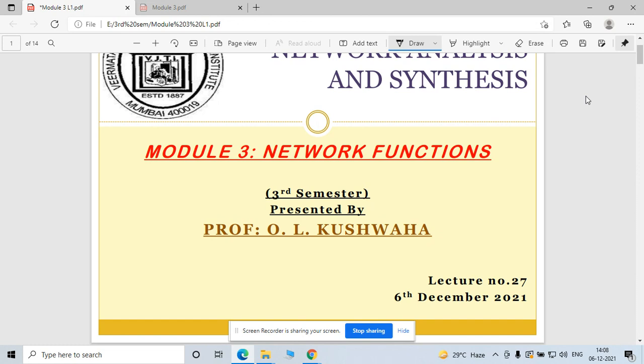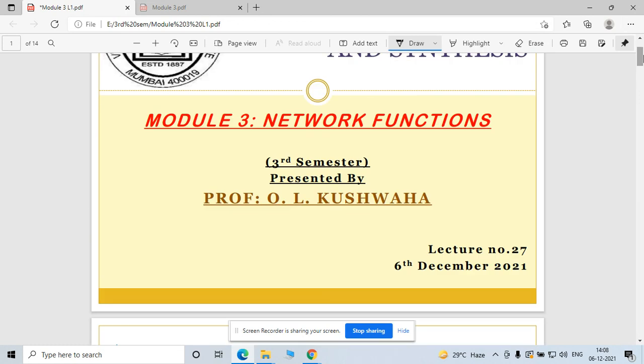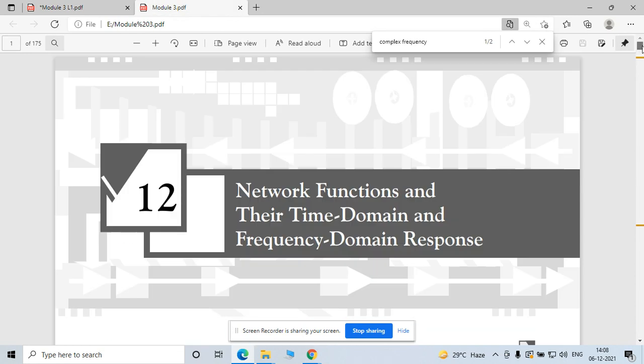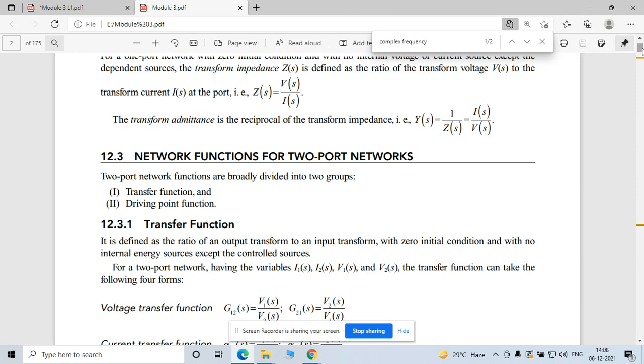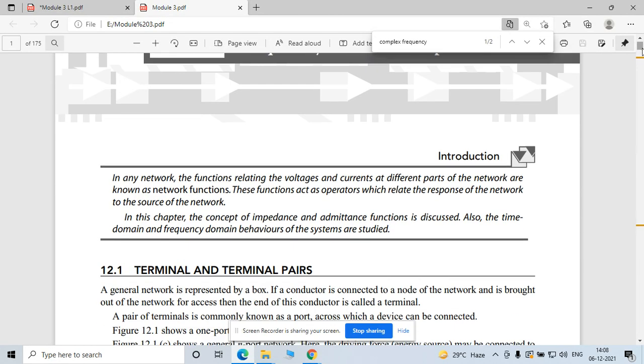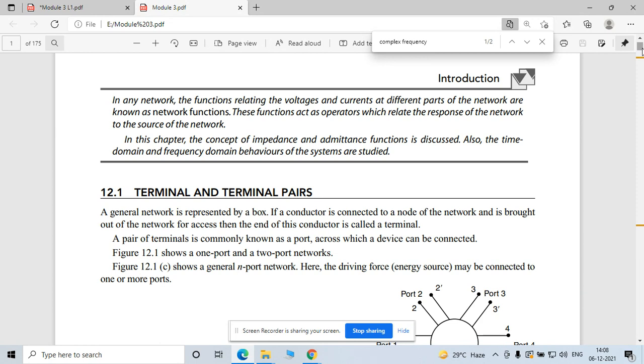Now first of all, some basic concepts of network function. For any network, the function is related to the voltage and the current at the different ports.